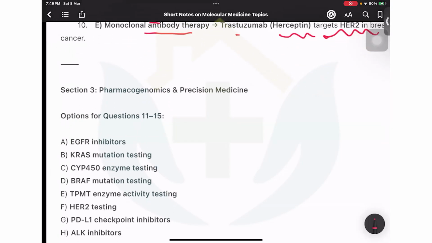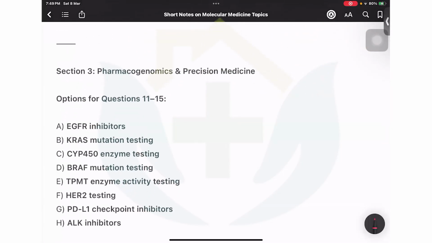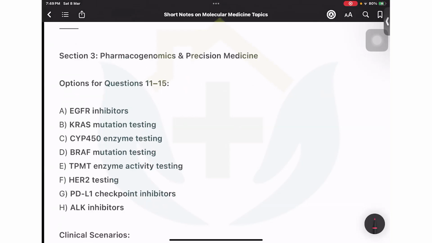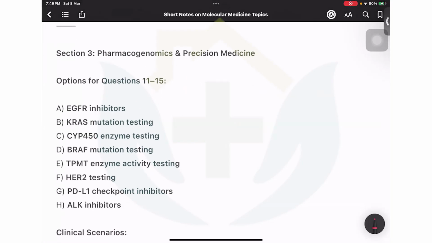Okay. Now this is basically more of a rote topic. So EGFR inhibitors, KRAS mutation testing, but you need to know this. I'll send you these immediately because later on I forget. So BRAF mutation testing, TPMT enzyme testing. Can somebody tell me EGFR inhibitors would be used in which kind of medical condition? Gefitinib for non-small cell lung carcinoma.